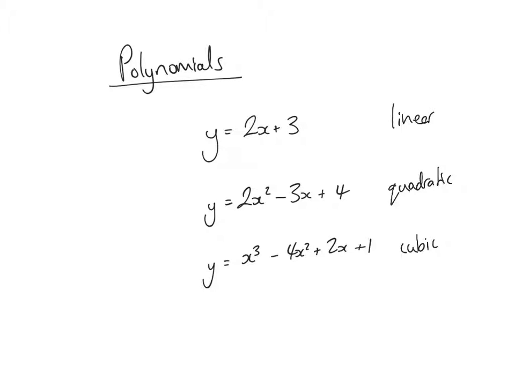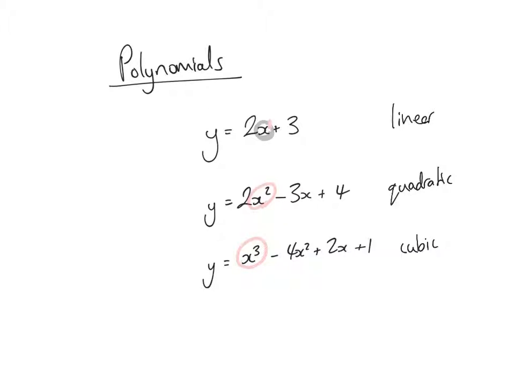I can tell that this first one is linear because the highest order term has just got a power of 1. For a quadratic, the term with the highest power on it has a power of 2, and for a cubic, the term with the highest power on it has a power of 3.